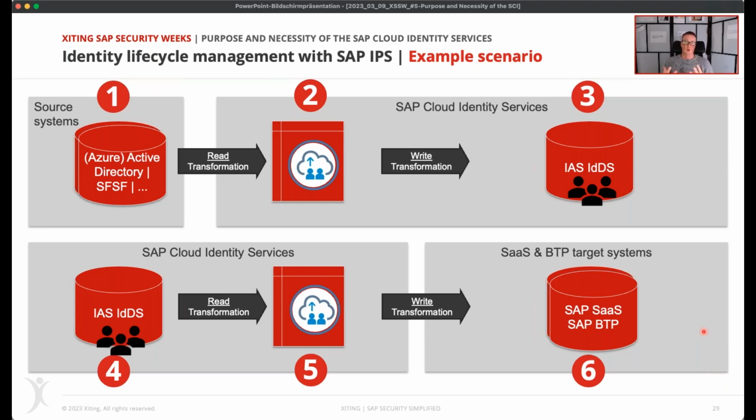So it's a source system. You can consider Active Directory or Azure AD, both are possible, as a starting point. In this scenario, IPS is responsible for bringing the relevant user identities from the source system, like we see here, Azure or SuccessFactors, into the identity directory in the first step. And this can be done based on certain conditions.